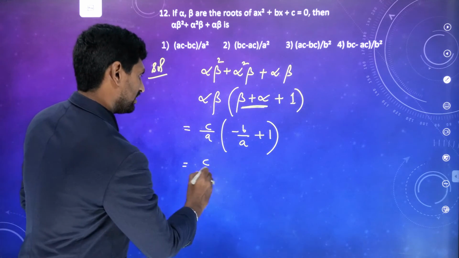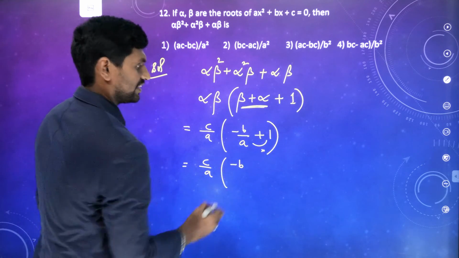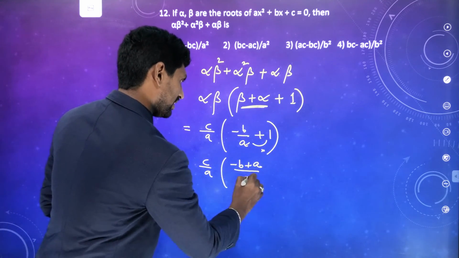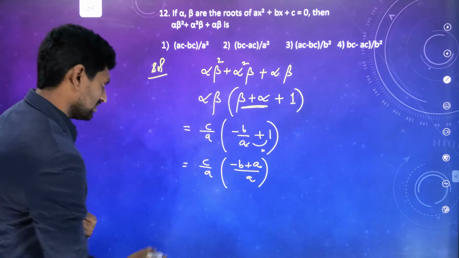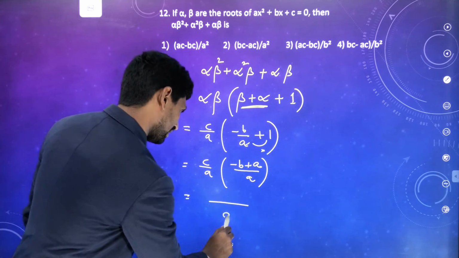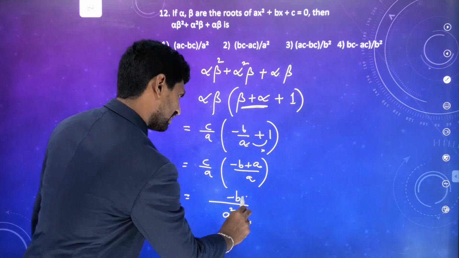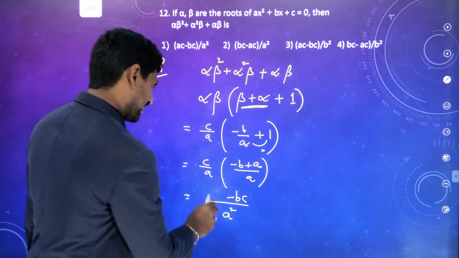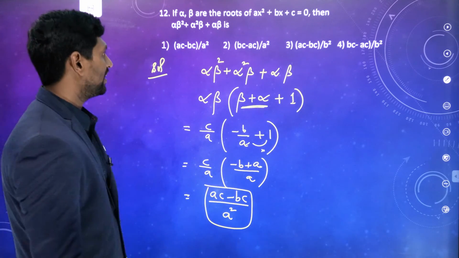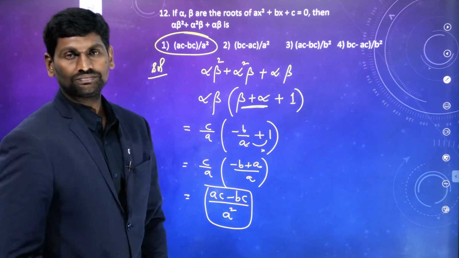That equals c by a into (minus b by a plus 1), like a mixed fraction, a into 1 is a, divided by a. Now multiply both the denominators, a into a is a square, c into minus b is minus bc, c into a is ca or ac. So overall the answer is (ac minus bc) by a square. Option 1.